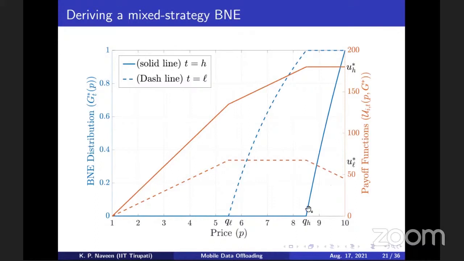Similarly for the other distribution: in this interval it achieves the highest utility and remains constant, and anything outside the domain of that distribution is lower than this constant utility. So whatever we have here is a mixed strategy Bayesian Nash equilibrium.